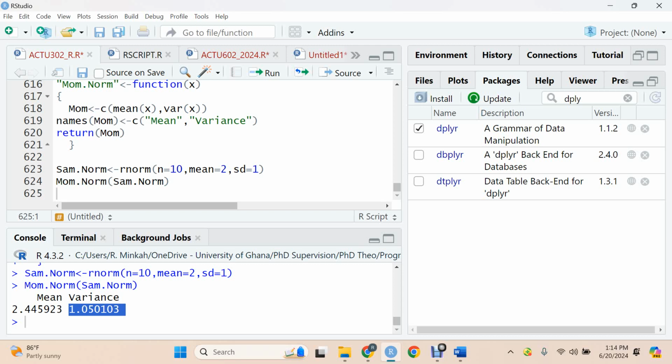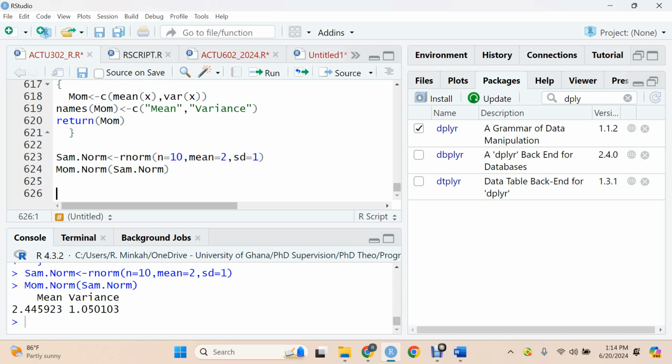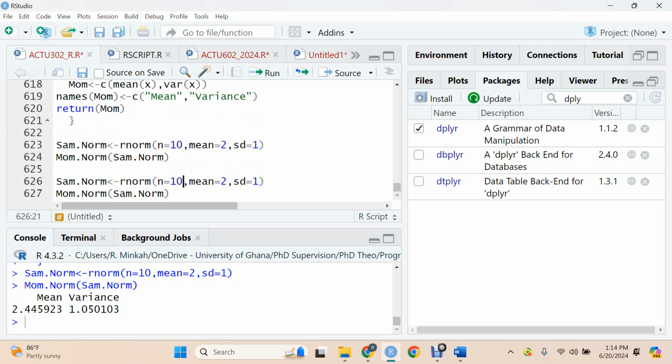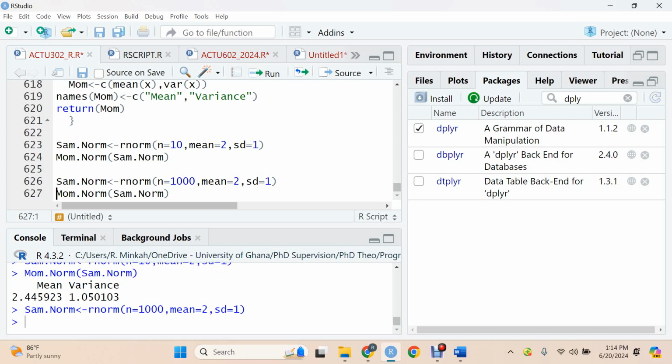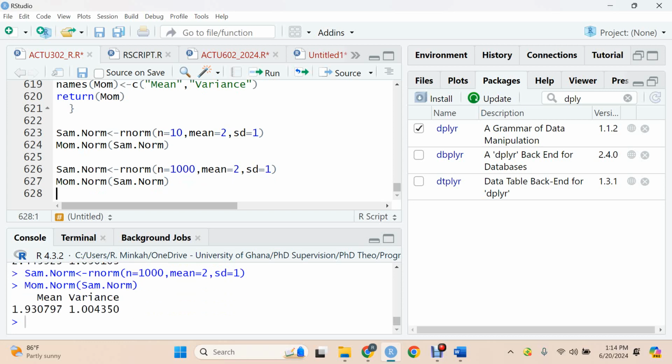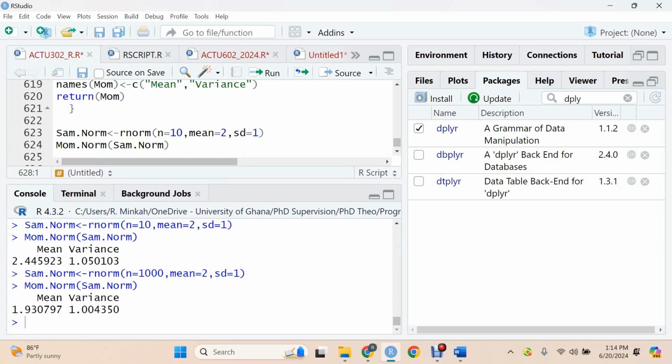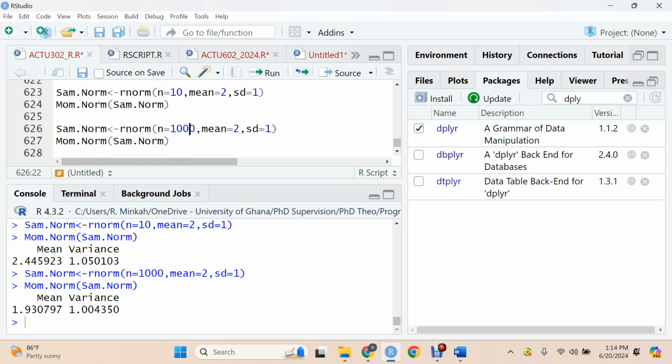Okay. Now I'm going to increase the sample size to, let's say, 1,000. And I'm going to repeat the same experiment. What do you see? Let me now increase it to even more, 10,000.